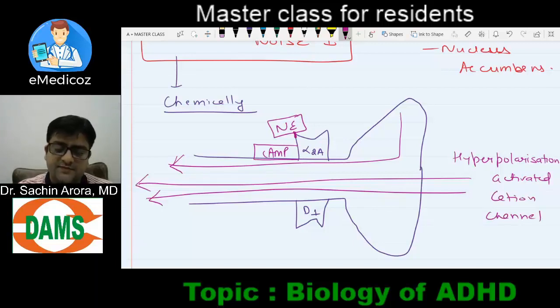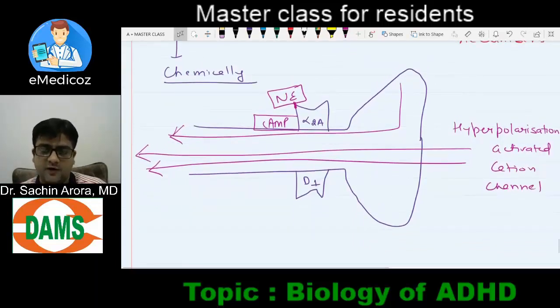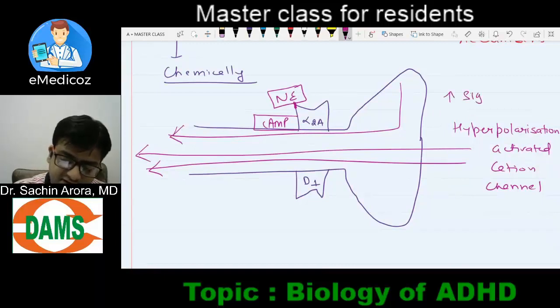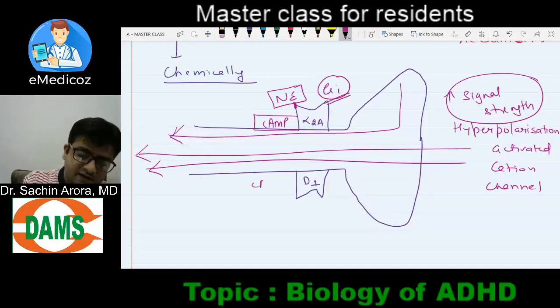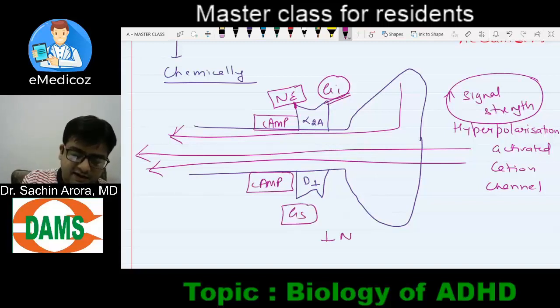So when norepinephrine binds to alpha 2A via cyclic AMP, the signal strength is increased. This is a G inhibitory protein, and dopamine binds to the D1 receptor via a G stimulatory protein, and it decreases the noise.